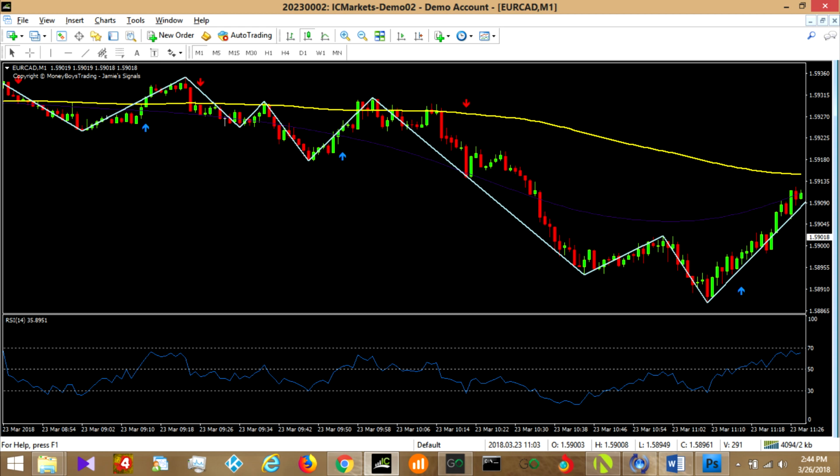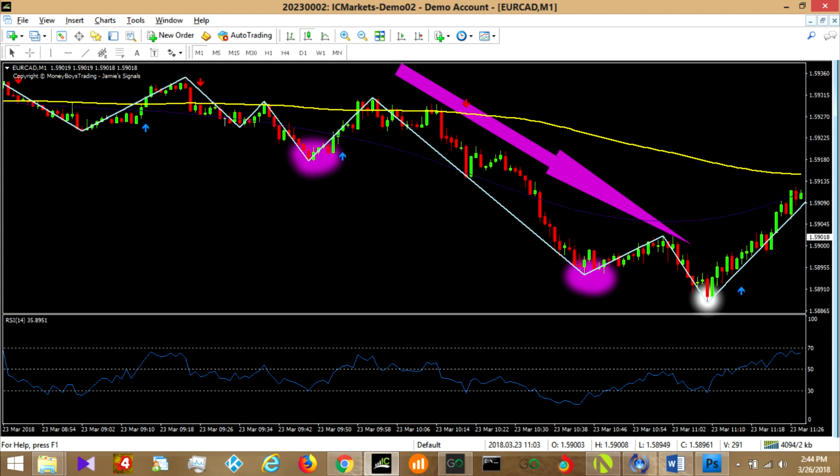First, in order to identify an RSI divergence, we need to identify the trend. We can see here that this is a bearish trend. We can see lower lows, the first low here and the lower low over here. Now we have a new lower low, which is near the blue arrow.